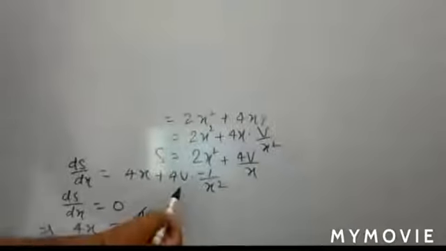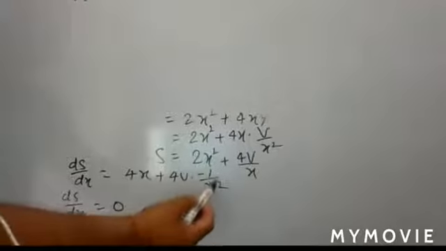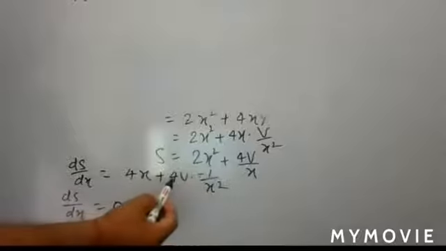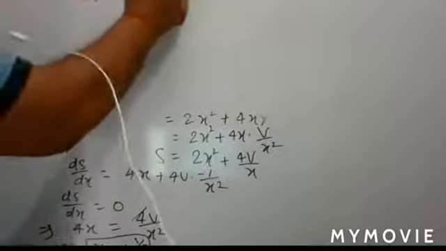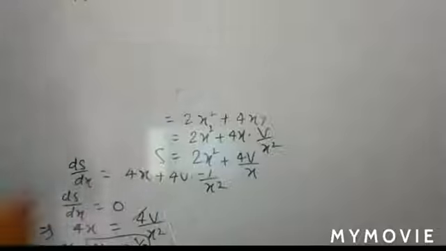Just check this step. This x square can be written as x to the power minus 2, and this minus 2 and this 4 becomes 8, and this becomes positive. So here you have 8v upon x cube.